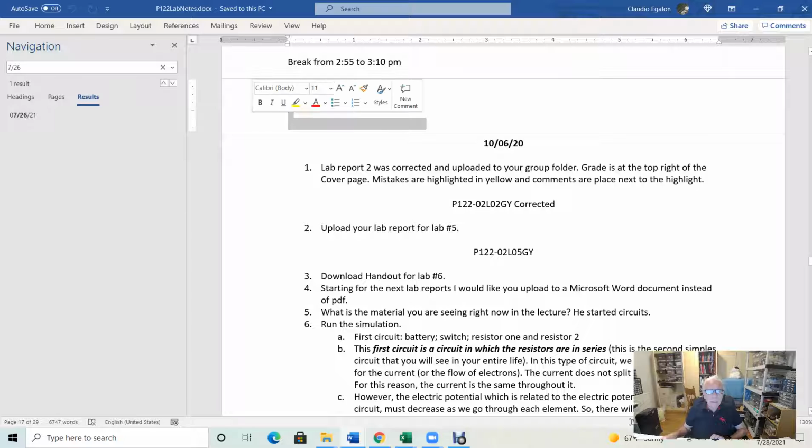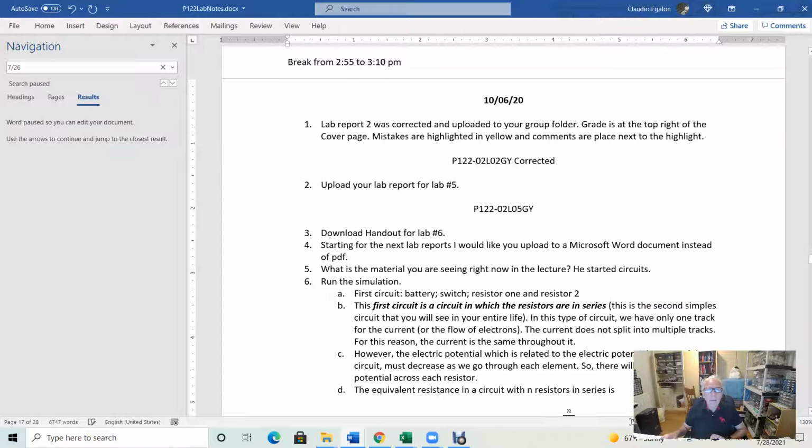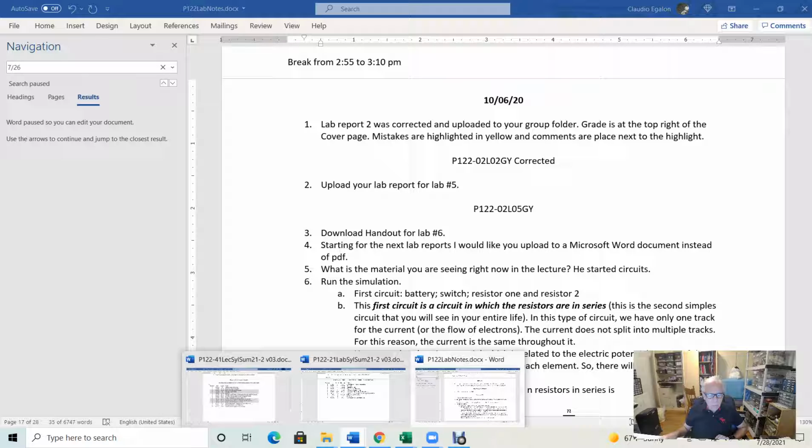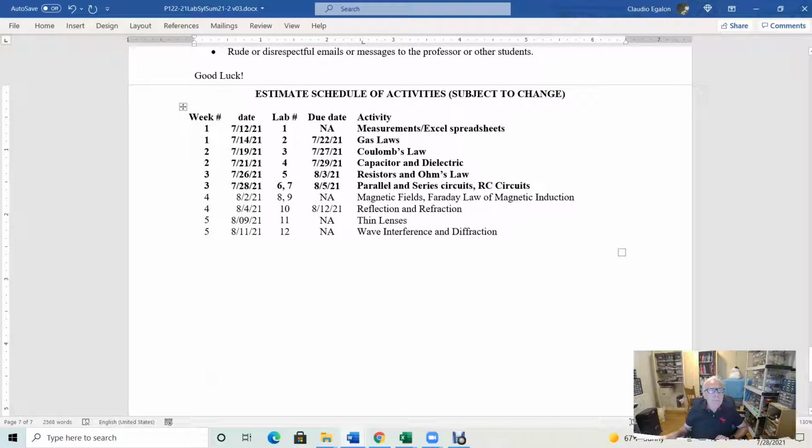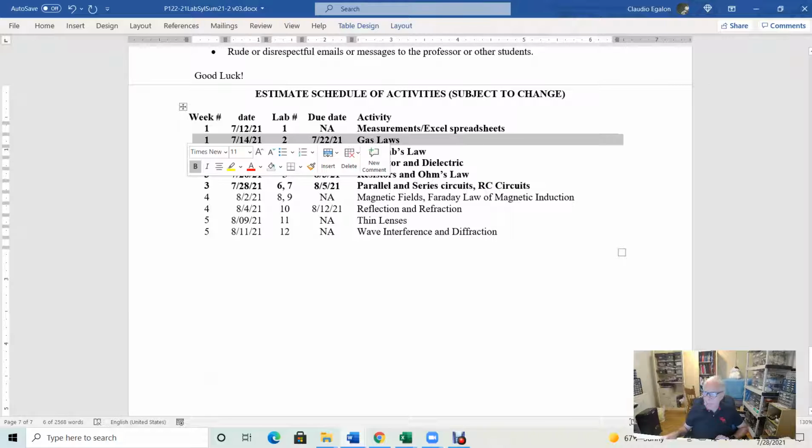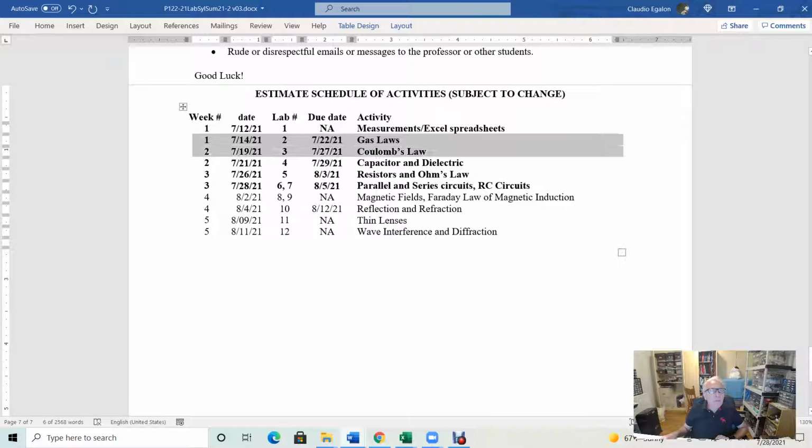Lab 2 I still didn't correct. I'll get it soon. Let's see what's due today. Lab 2 was due on the 22nd, so I'm gonna get it corrected soon. Lab 3 was due yesterday, the 27th.